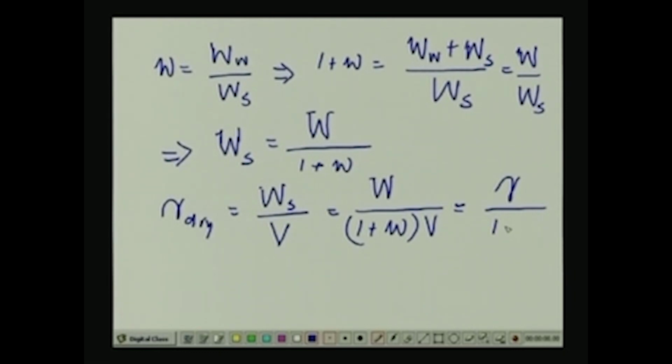That can be replaced by gamma, and what we are left with in the denominator is 1 plus W. So that is the identity that I asked you to prove then. In this case gamma dry is equal to the bulk unit weight divided by 1 plus the moisture content. Gamma dry in this case is the dry unit weight, and all other terms used in this derivation are explained.